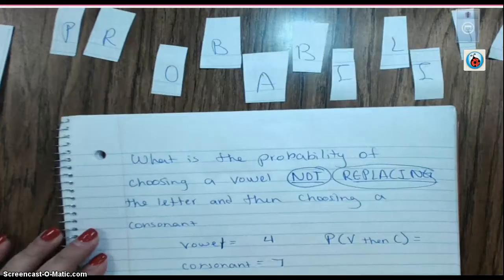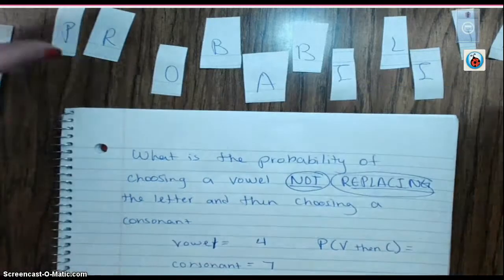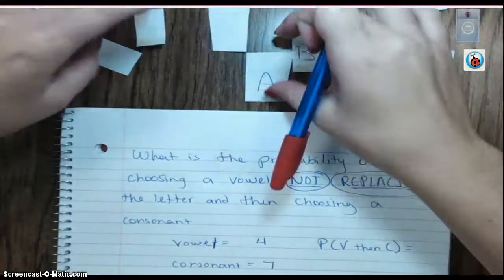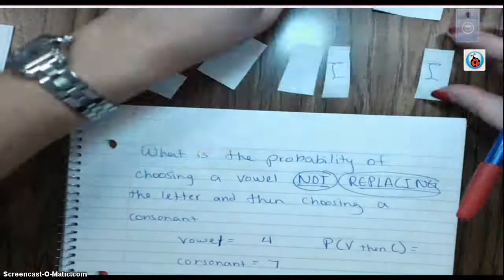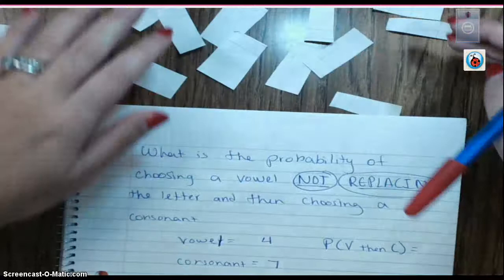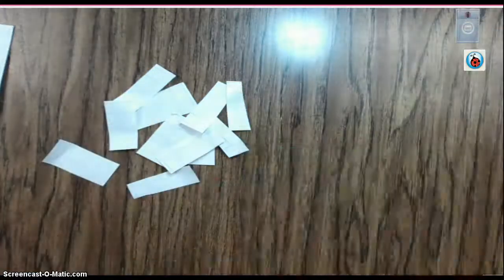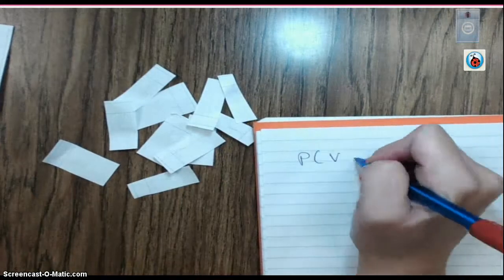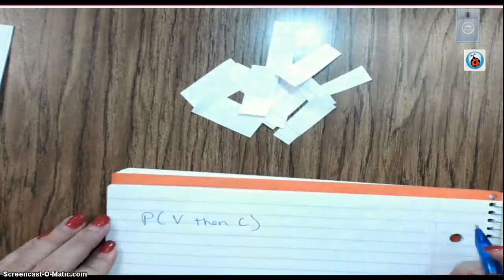How many total letters? Total letters are 11. We need the probability of a vowel and then a consonant. Yes or no?